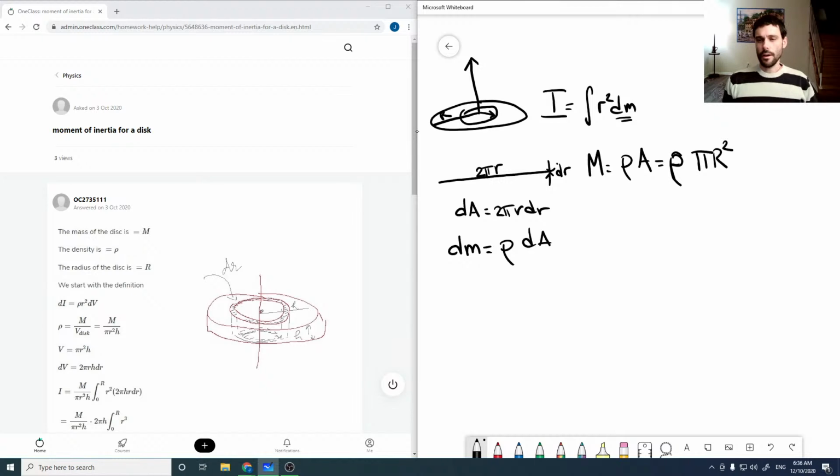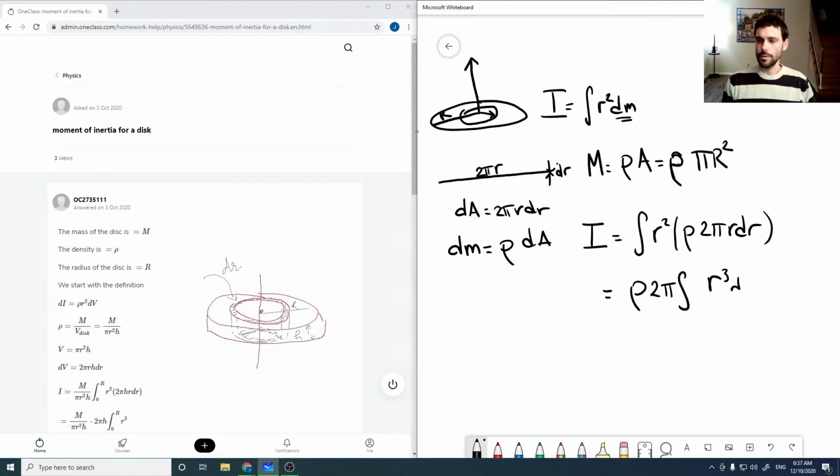Okay, so if that's our area segment, then now we can say that our moment of inertia is the integral of r squared times rho 2 pi r dr, which is rho times 2 pi times the integral of r cubed dr from 0 to R, as we're integrating from 0 out to the full radius.